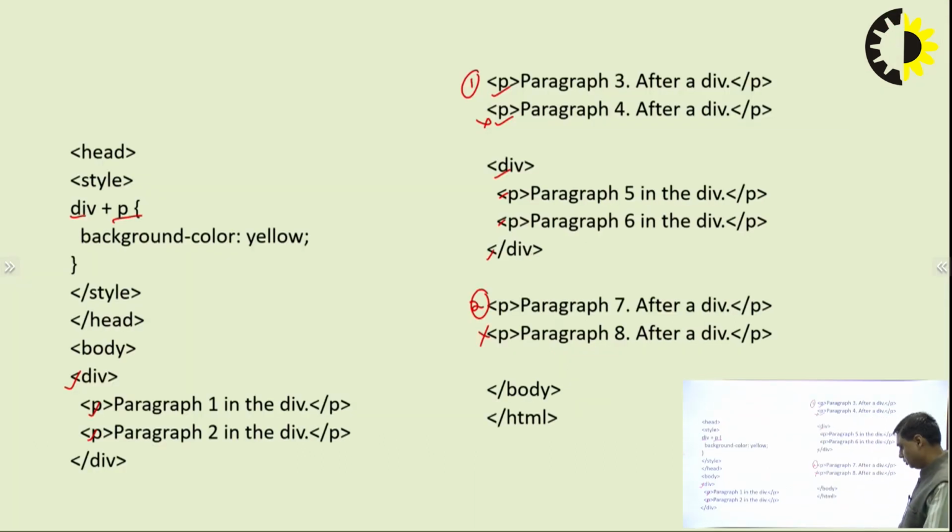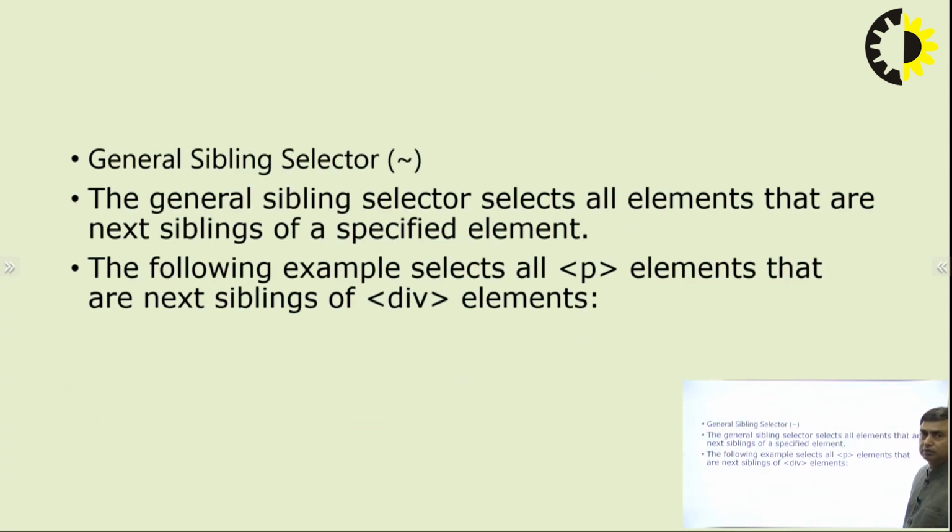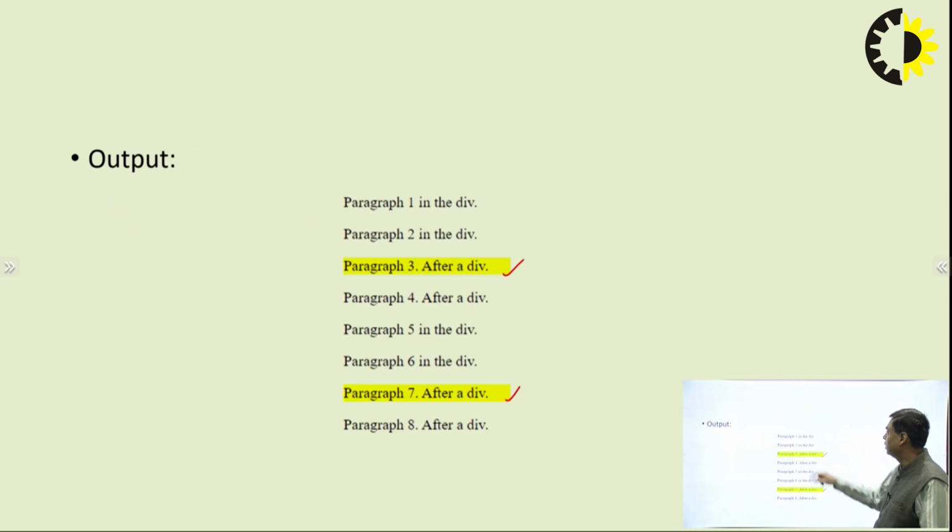Next I am talking about the general sibling selector. So we are using this symbol, the tilde symbol.